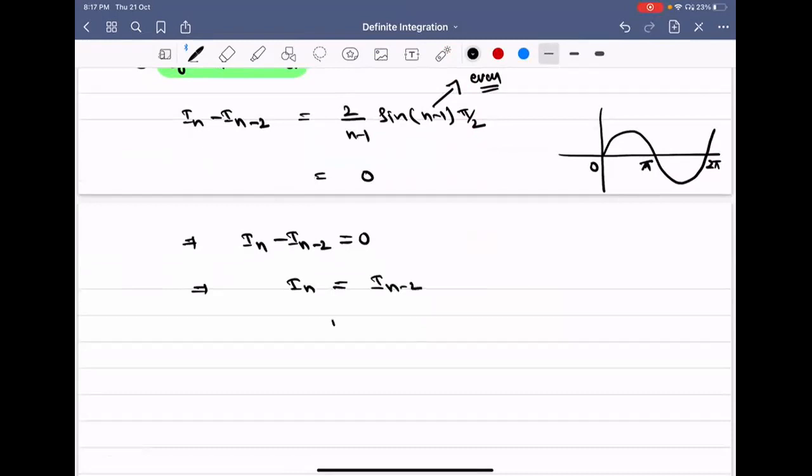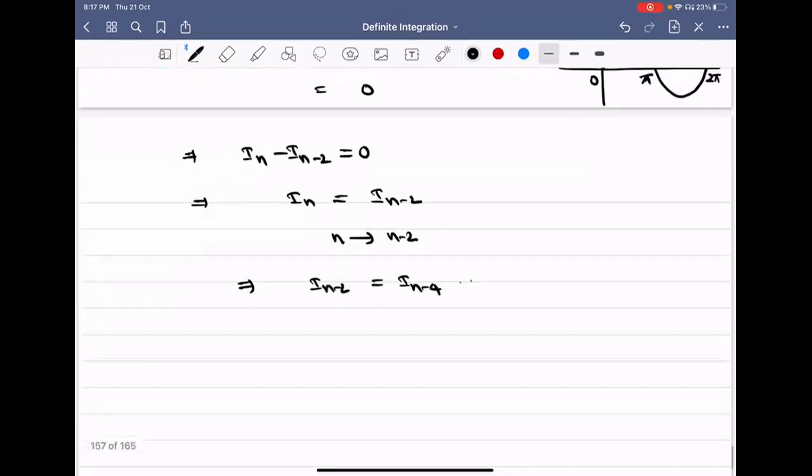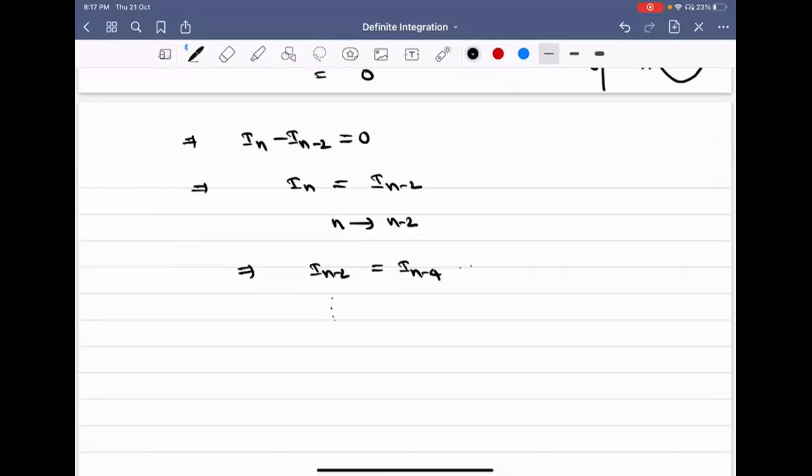Now in this I_n equal to I_{n-2}, replace n by n minus 2. If we replace n by n minus 2, then I_{n-2} is equal to I_{n-4}, etc. So I_{n-2} equal to 0 difference, therefore I_{n-4} is also equal.